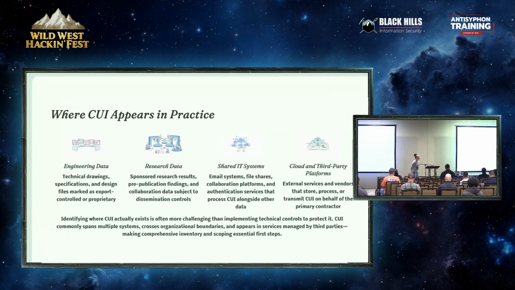So this is where you start seeing the actual CUI. So your engineering data, the actual doing of the project itself, research results, shared systems, even cloud and third-party platforms that are transmitting or storing data on your behalf. So that is actually where you start seeing that difference, where you move from the contract to the actual data that is supporting the project or the program that you're working on.